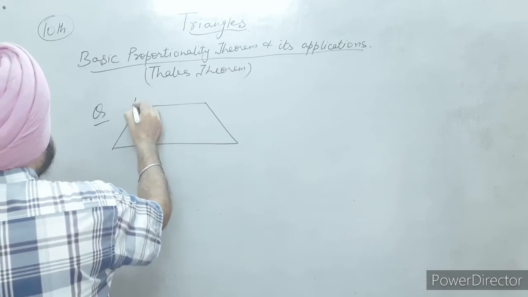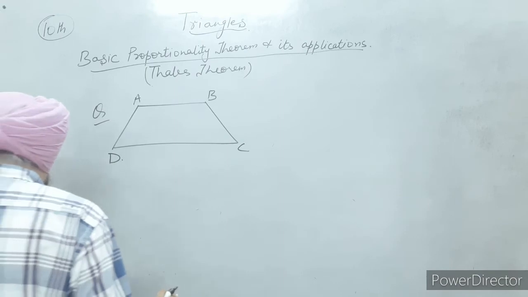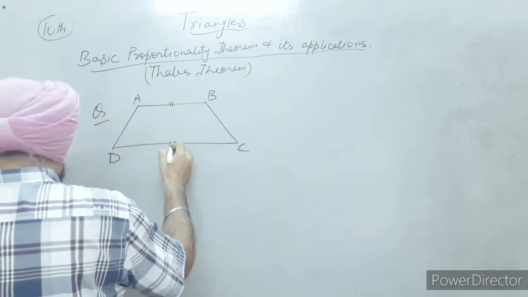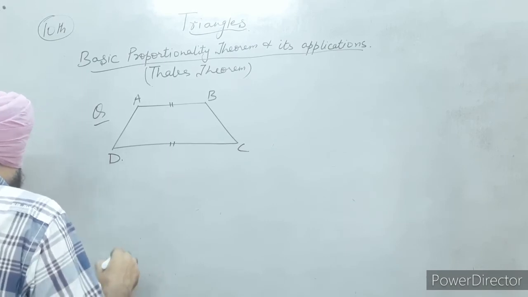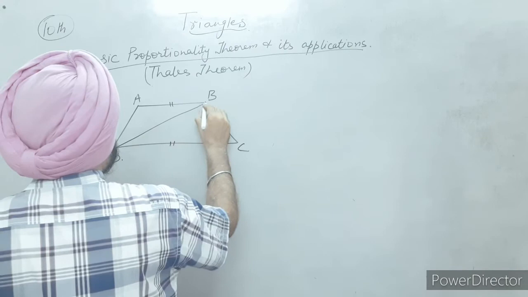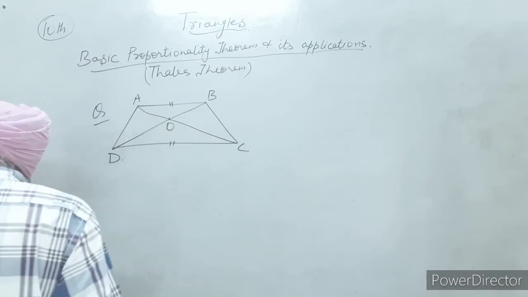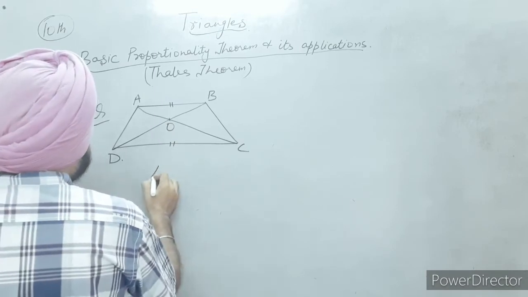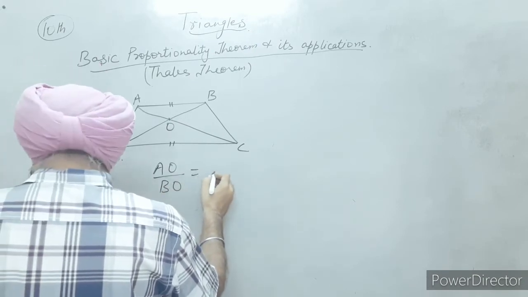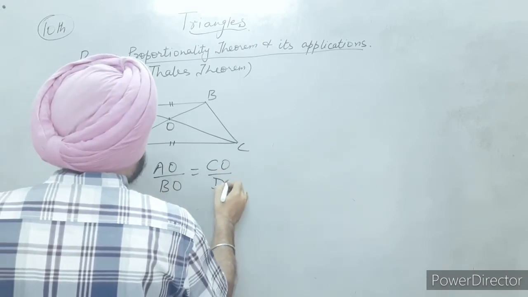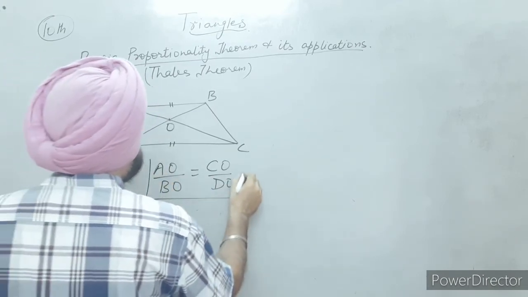It's given to us in which AB is parallel to DC and its diagonals intersect each other at point O. Okay, let me draw the diagonals. The diagonals intersect at point O. Show that AO upon BO is equal to CO upon DO. Now this we have to prove.